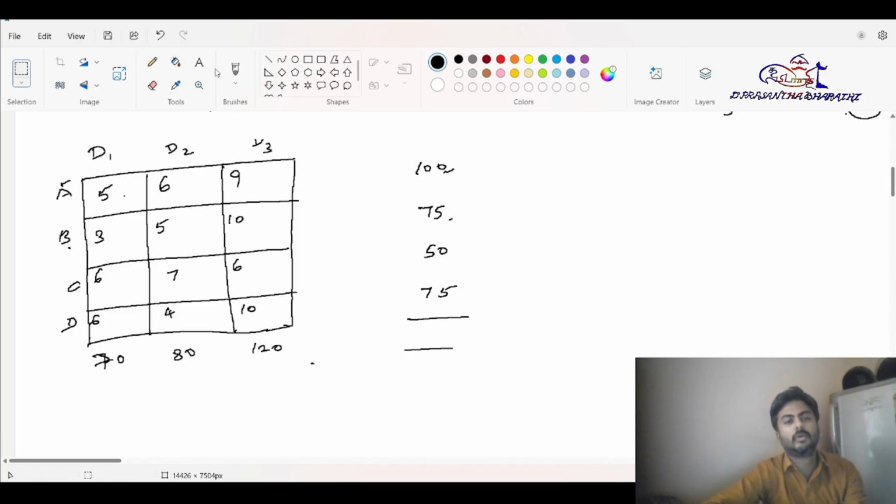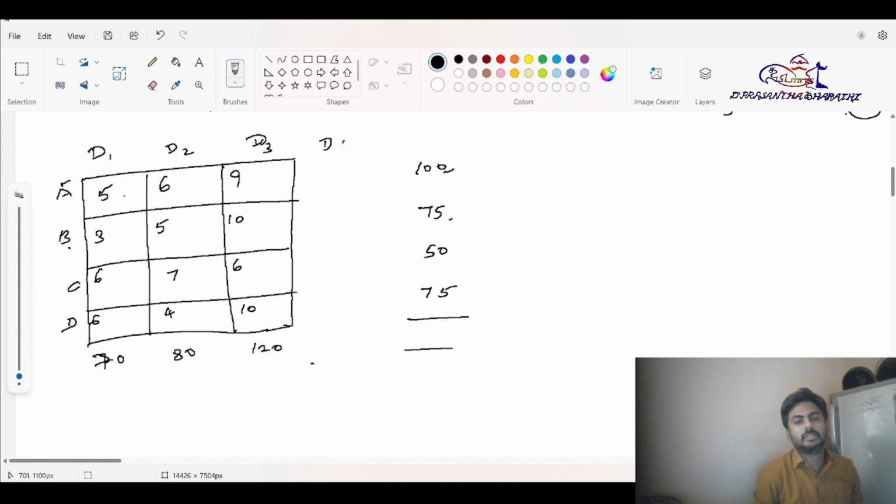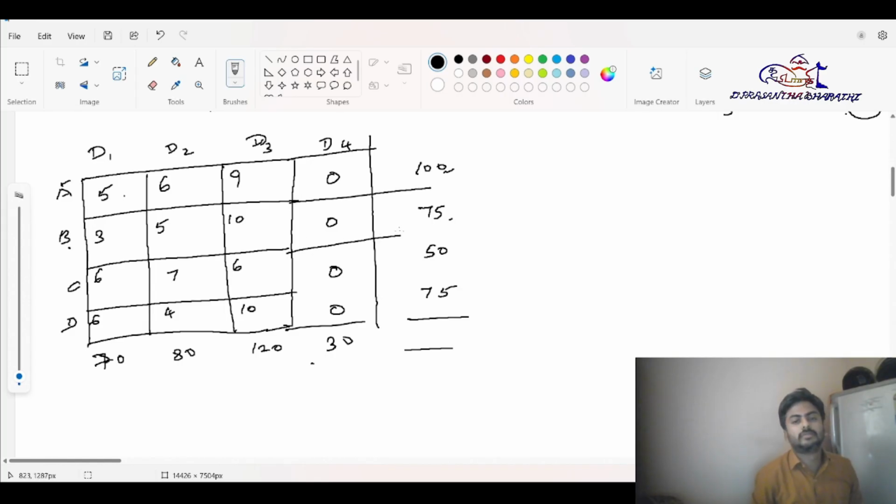Here you are going to add another column. This is D3 and this is D4, and here all the values are 0. And you are having finally 30, this is 30.